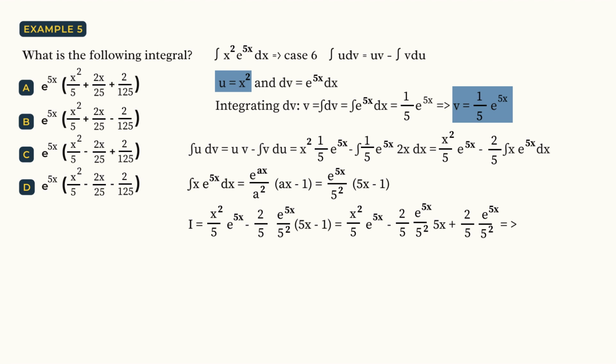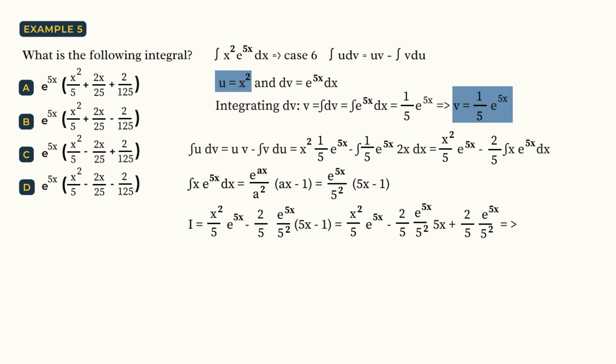So we have minus 2 over 5 multiplied by e power 5x over 5 squared times 5x. And moving forward, we have plus because we have minus and minus. When we multiply, minus and minus becomes plus. So we have plus 2 over 5 multiplied by e power 5x over 5 squared.